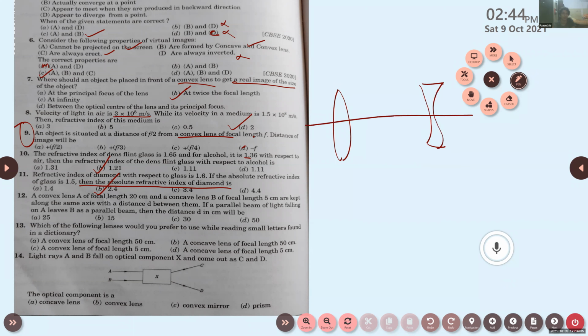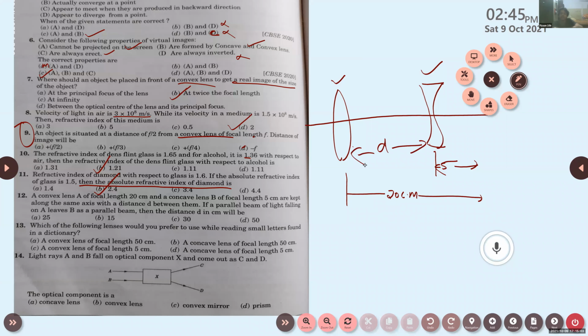Imagine the focal length of the convex lens is 20 centimeter and the focal length of this concave lens is 5 centimeter.